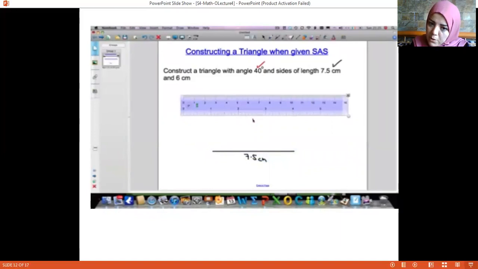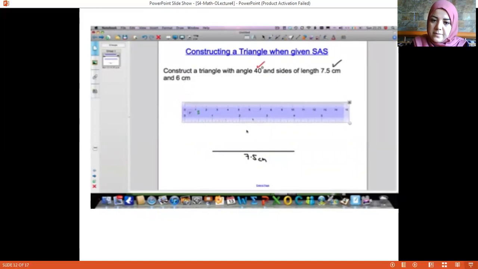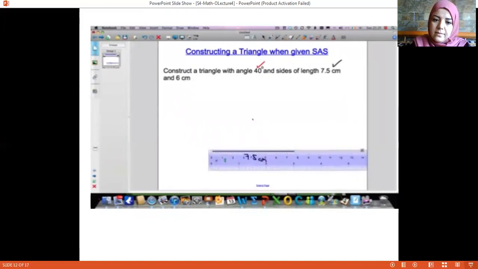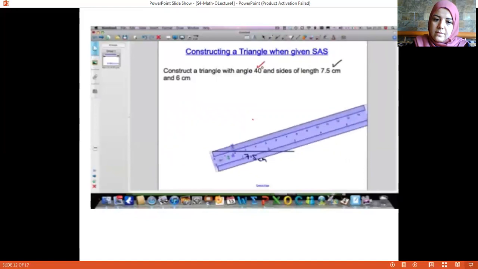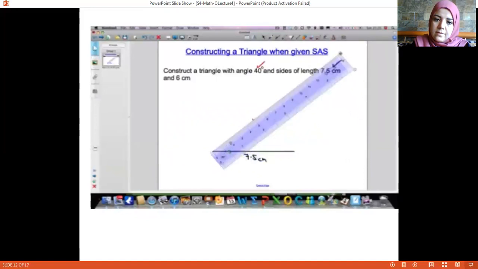And passes through the point, but I need it to be 6 centimeters. Okay, don't forget it's 6 centimeters. You should make it, okay?